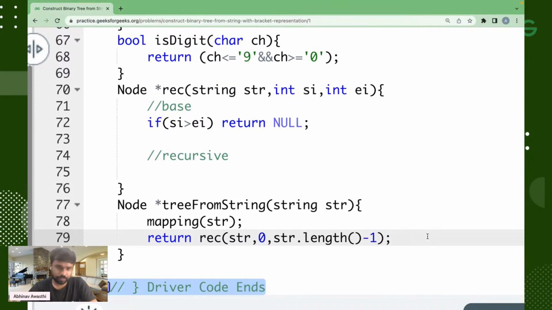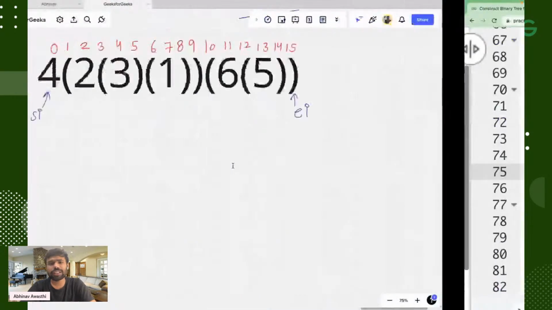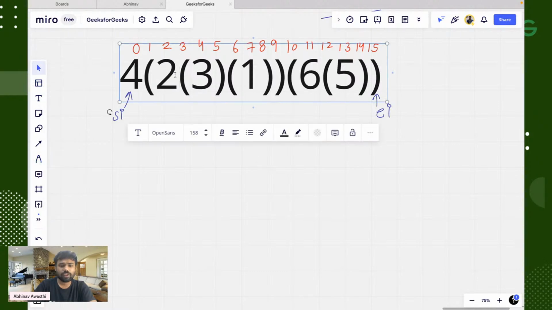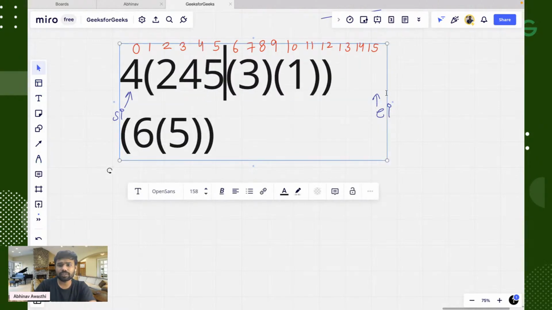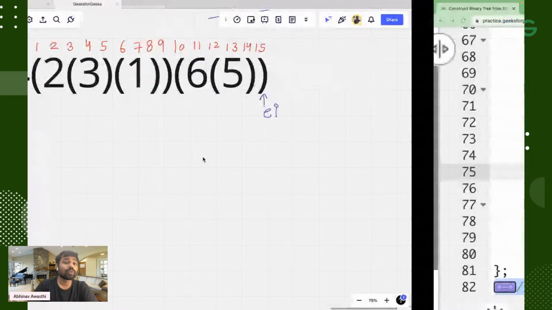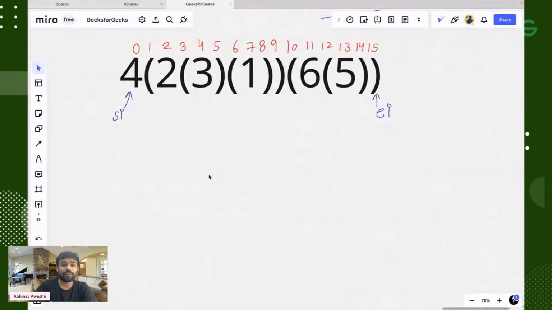Okay guys, so now let's say we have multiple values, like 235.